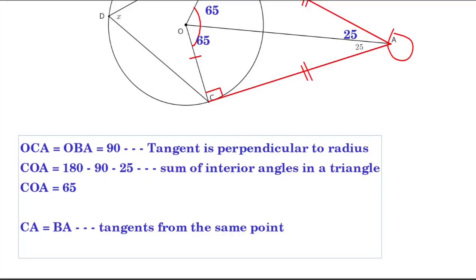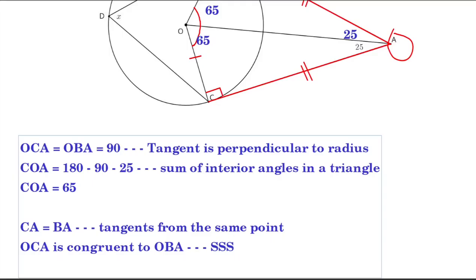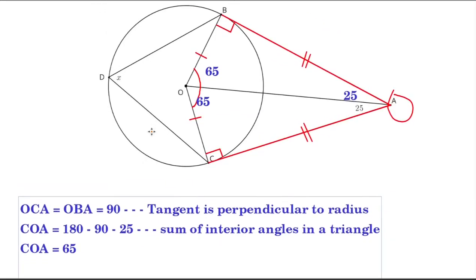Then we can say that triangle OCA is congruent to triangle OBA. The reason for this one is that it has equal corresponding sides, side, side, side. Then from there, what was happening with our 65 degrees there?